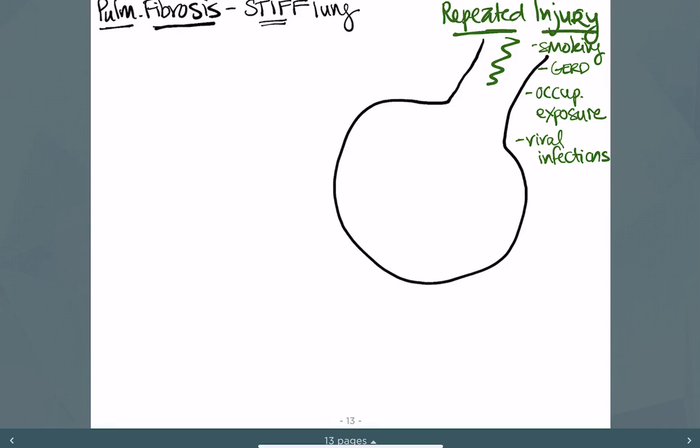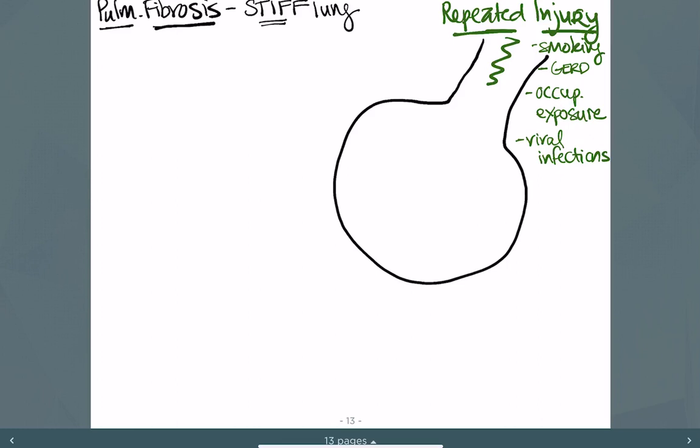And a person who gets pulmonary fibrosis has the combination of bad luck in that they have a repeated injury and they have some component of a genetic predisposition to respond with abnormal wound healing. Because not enough smokers get pulmonary fibrosis. Not everybody who works in the mines gets pulmonary fibrosis.